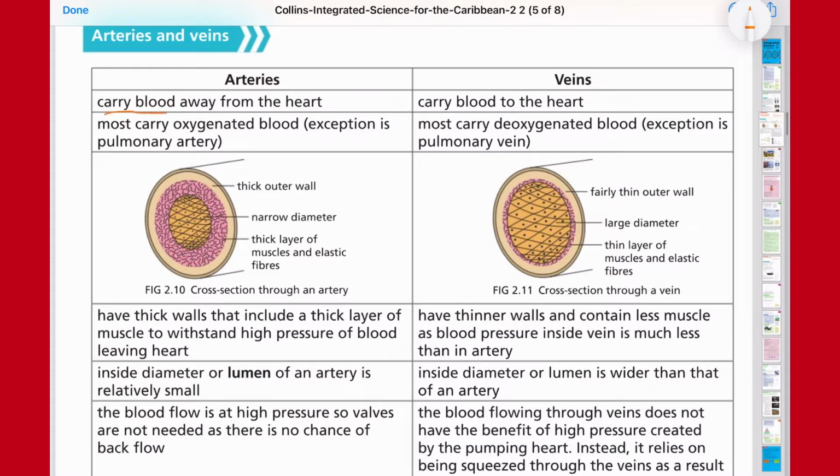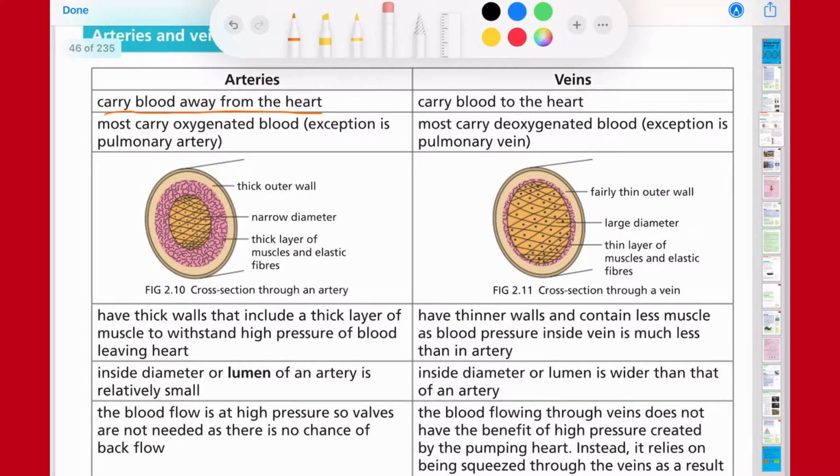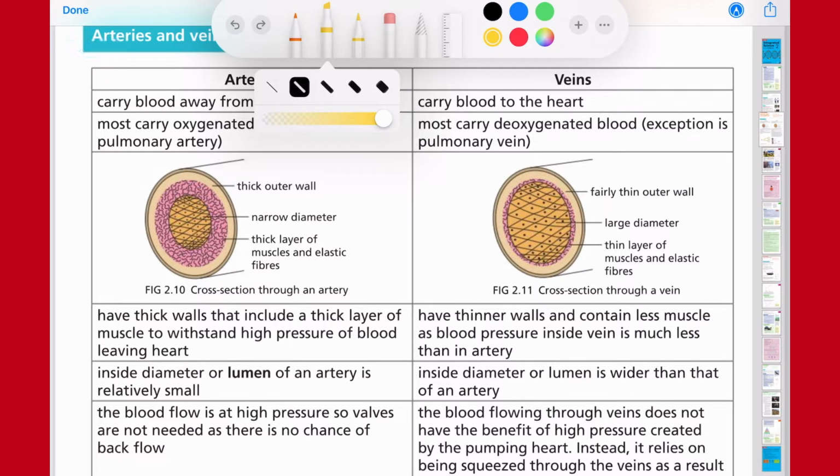Extremely important to take note of. Veins, however, carry blood to the heart.